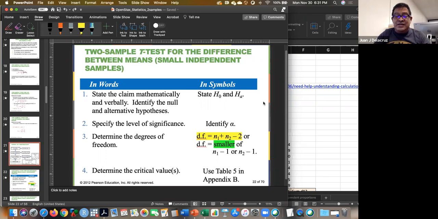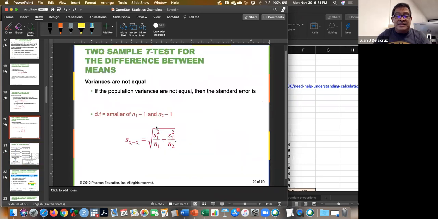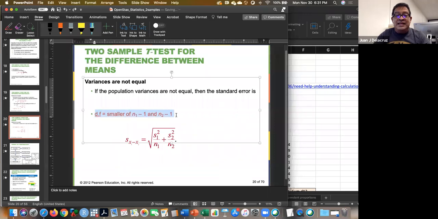In the second case, I explained the formula, but I didn't say that when the variances are not equal, to compute the degrees of freedom we use the lowest of the degrees of freedom. For example, in the first case I was mentioning, n was 10, so we have 9 degrees of freedom.